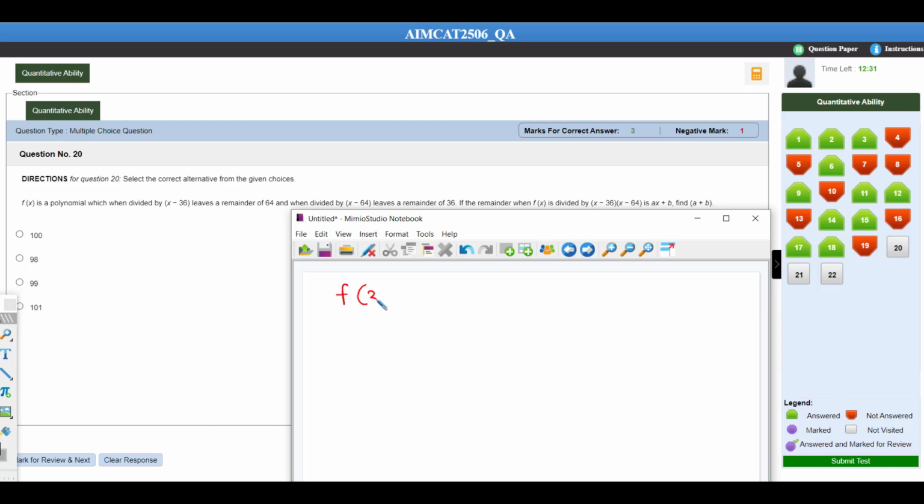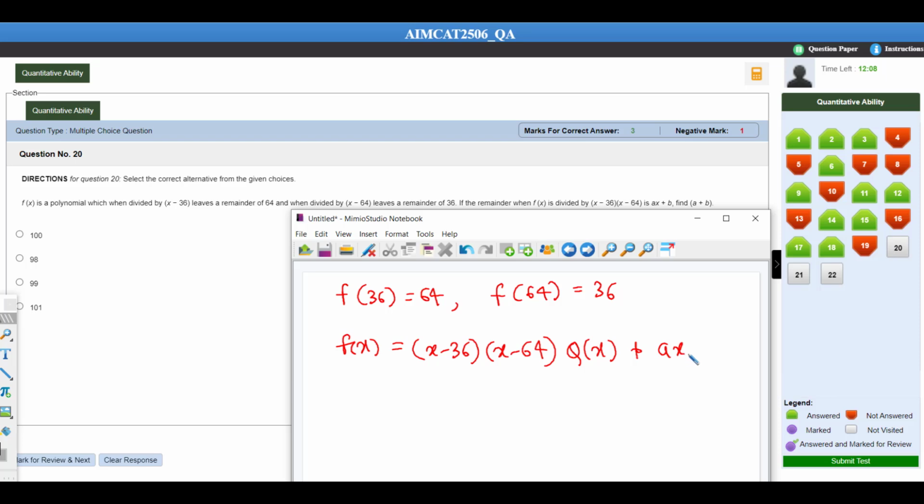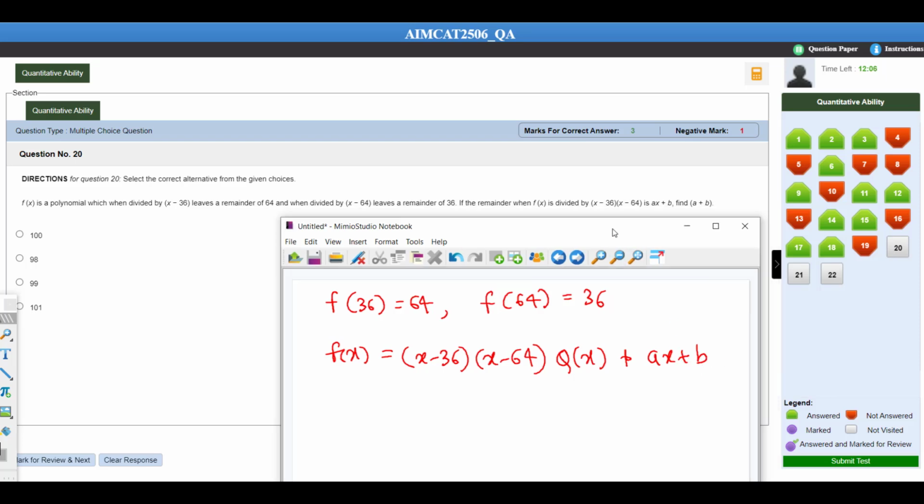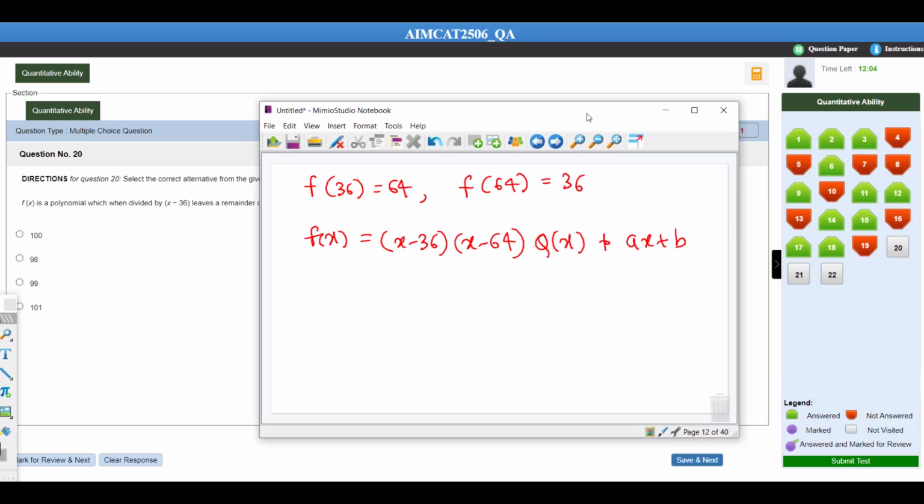It means f(36) is equal to 64. For x minus 64 the remainder is 36, so f(64) is equal to 36. Now the dividend is f(x), the divisor is (x minus 36)(x minus 64), into quotient q(x), plus remainder ax plus b. We need to find a plus b.